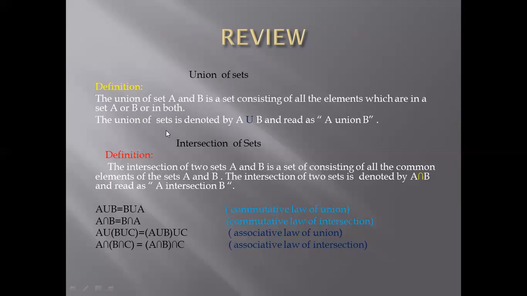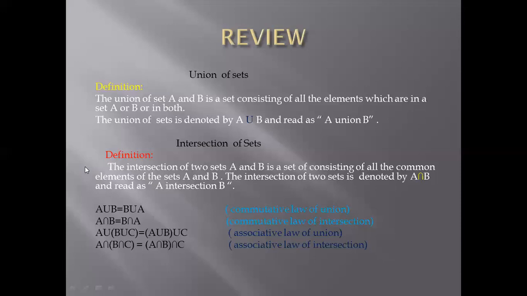We use the notation of a straight A union B, and we read it as A union B. Same for the intersection. Intersection means the common elements, the common elements which lie in both sets A and B. And we use the notation of an upside down U and read it as A intersection B.